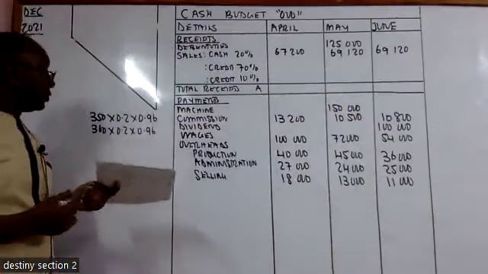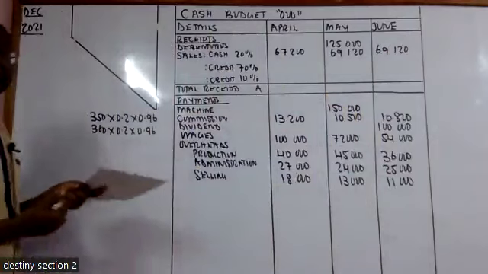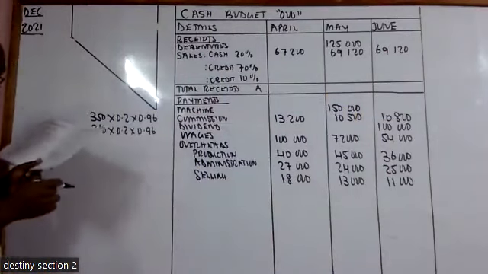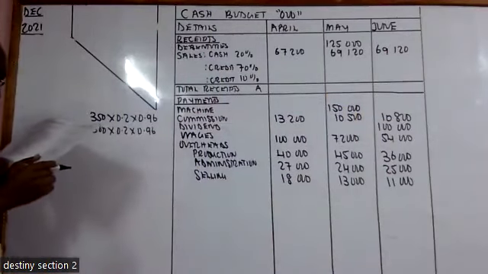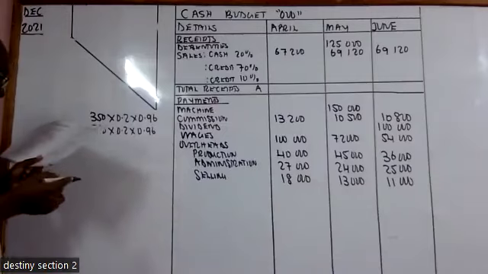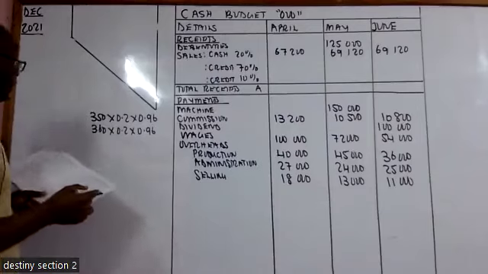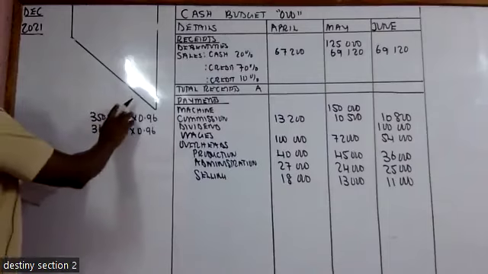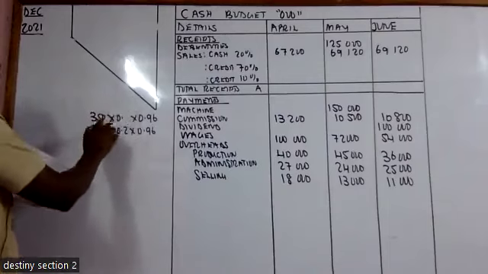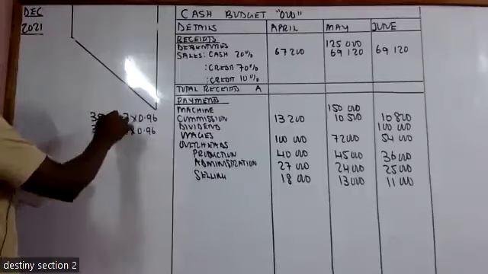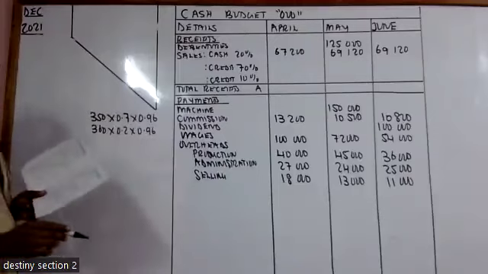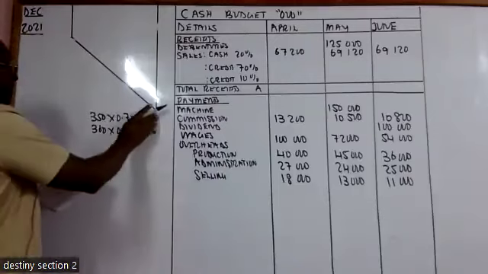Then from there, 70%. They also pay within 1 month. So they are paying within the same month. So it will be 350 times 0.7.